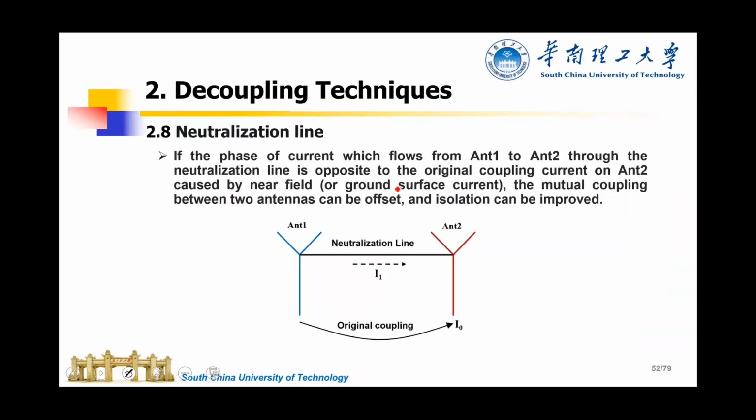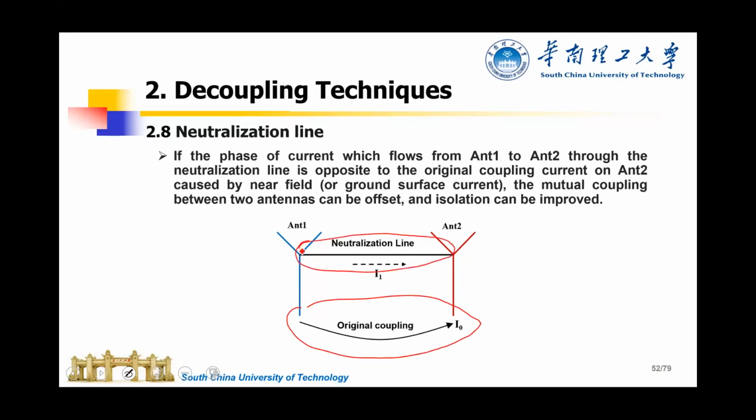The last one is the method we call the neutralization line. Also very simple. When we have the original coupling, we only insert the neutralizing line.